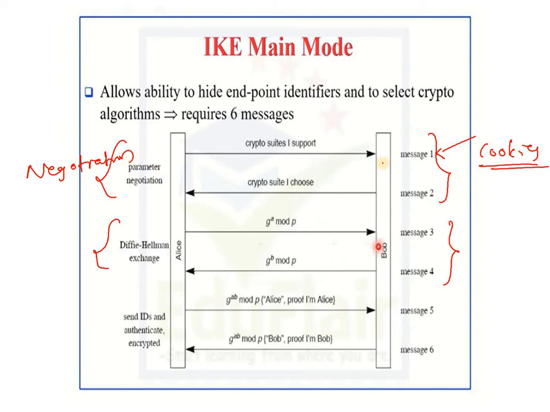So the first 2 messages are step 1. Second, message 3 and message 4 are for the Diffie-Hellman key exchange algorithm, and the last, 5 and 6, are for authentication.